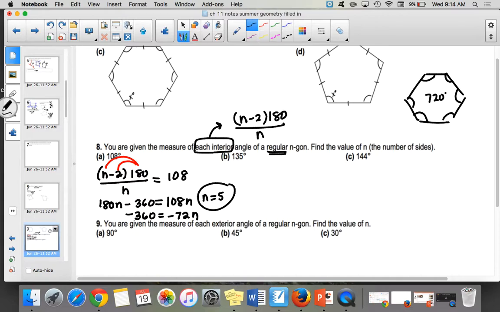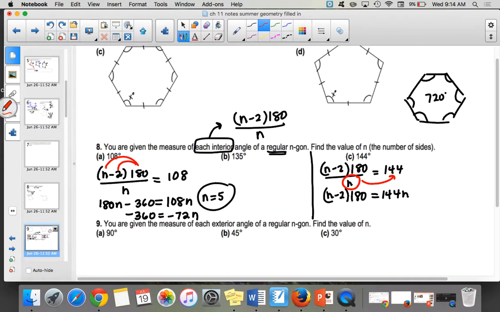Okay, so try letter C. I didn't give you very much room for these. So we multiply the n over first. So we get 144n.